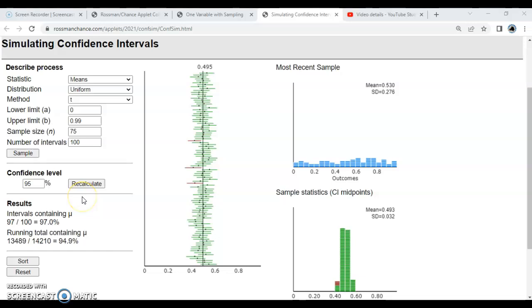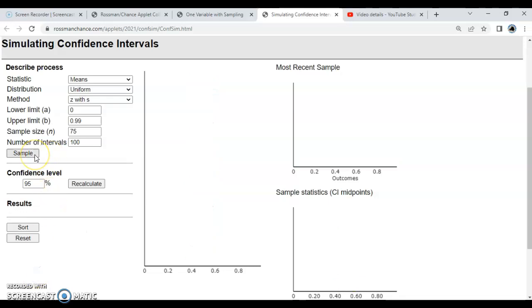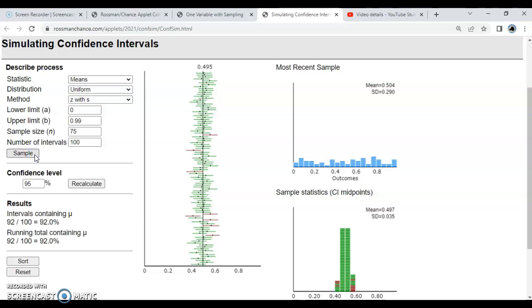Now let's see what happens if instead we use the z-distribution. So let's say we use the z-distribution with our sample standard deviation in order to calculate the confidence interval. So instead of using the t-distribution with our 74 degrees of freedom, we just use the standard normal. Let's see what happens. Okay, so reset. And you will see the same kind of thing happen, but some intervals contain the population mean, and some do not.